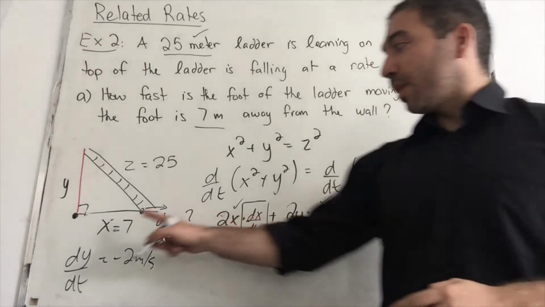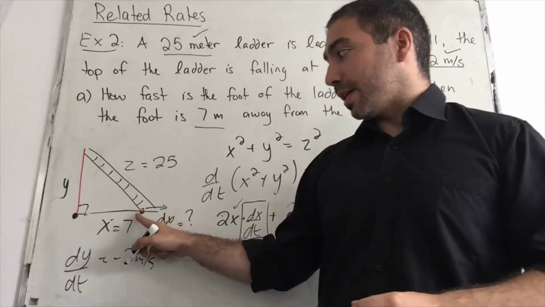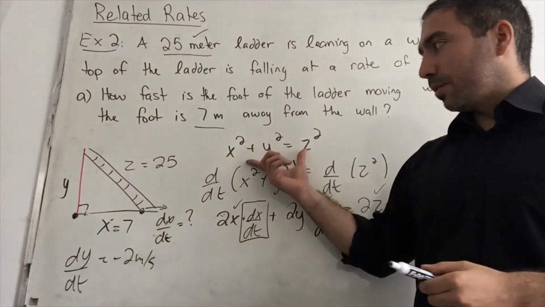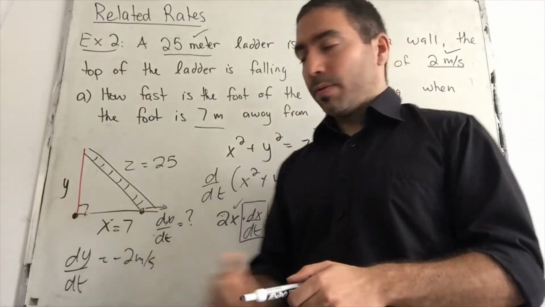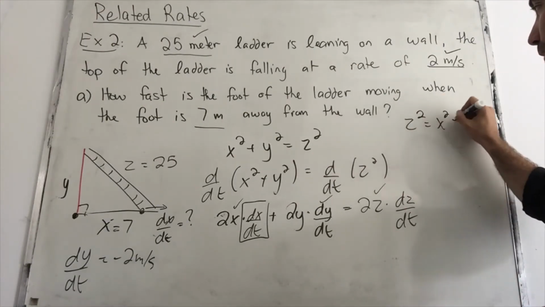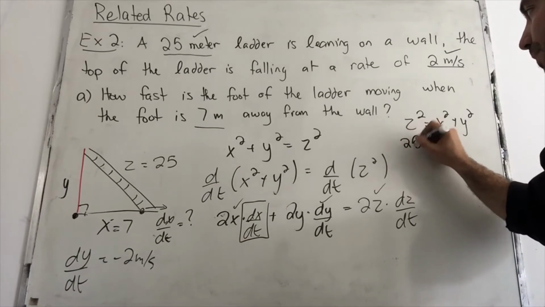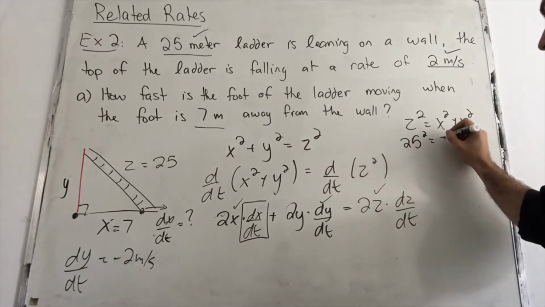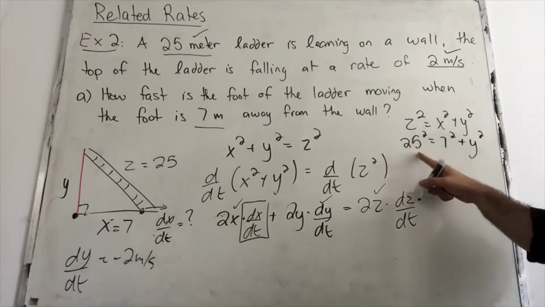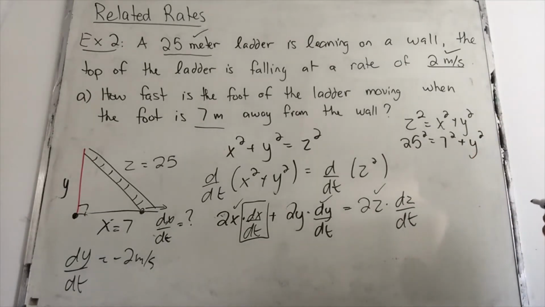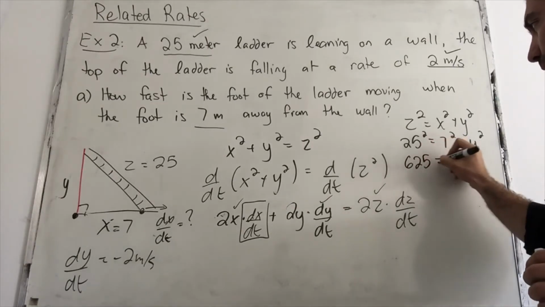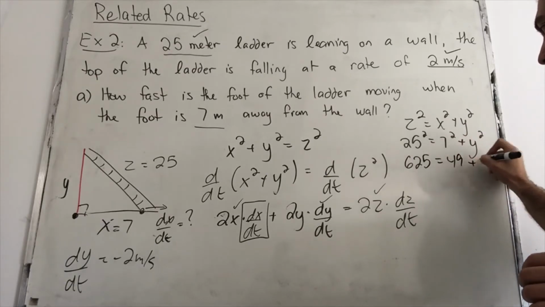Let's go find our Y. How do we find Y? Well, we know the base is 7 and the hypotenuse is 25. So we just apply the Pythagorean theorem to find the missing variable. So let me do that on the side. z squared equals x squared plus y squared. 25 squared equals 7 squared plus y squared, which is what we're looking for. 25 squared is 25 times 25, it's 625. 7 times 7 is 49, plus y squared.